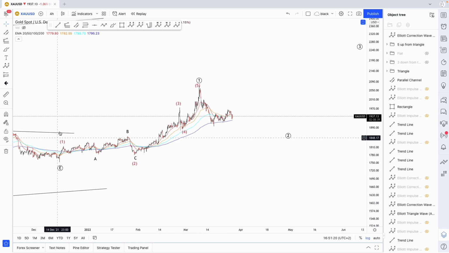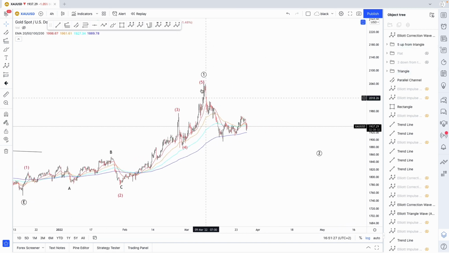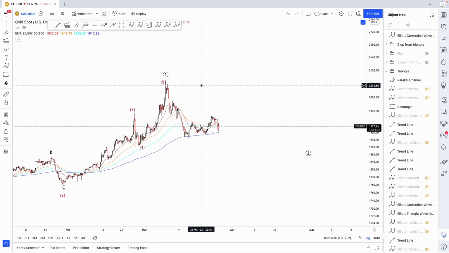So 1, 2, 3, 4, 5. The question is: is this a 3-wave move from the top, or is it a 5-wave move?